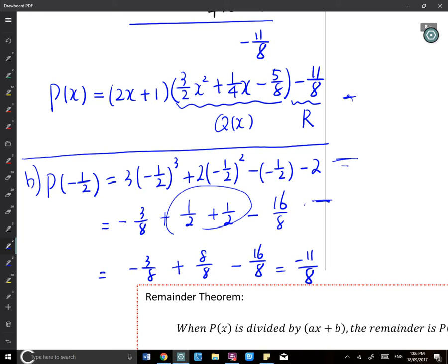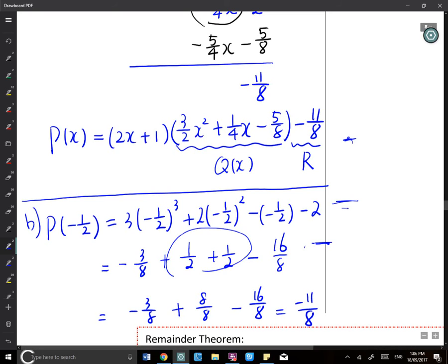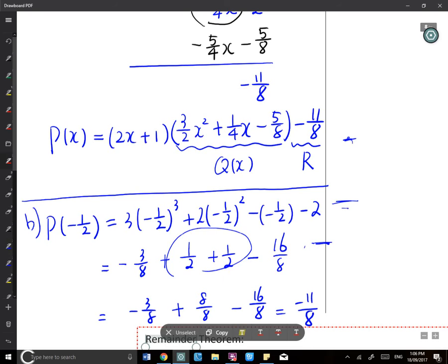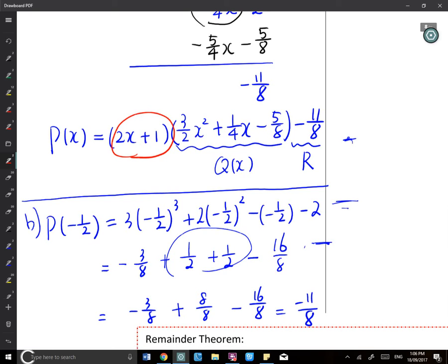Let's think about the value we substitute. What we substitute is negative a half. What will the negative half do? The negative half can make this expression become 0. It can make what you're trying to divide become 0, right?